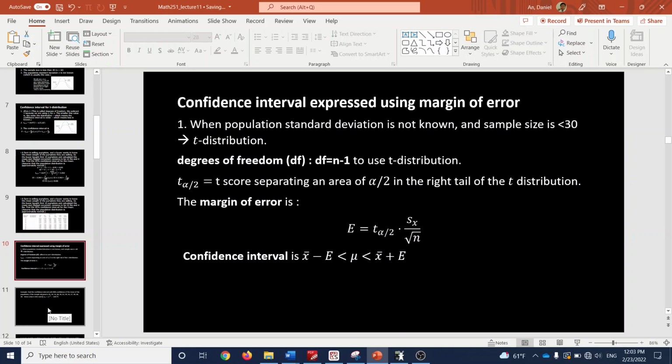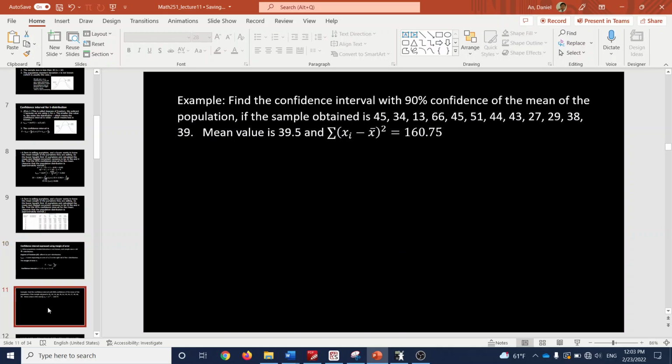All right. So let me show you another example using the t distribution. Here, there's a slight curveball because instead of giving you the sample standard deviation, I just give you the sum of the difference squares. Okay, so this is called the sum of squares. So let's say we obtain this sample.